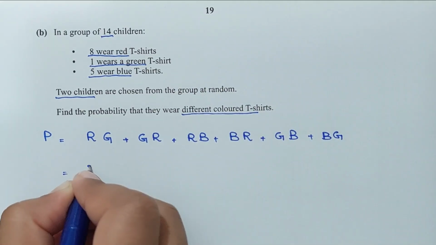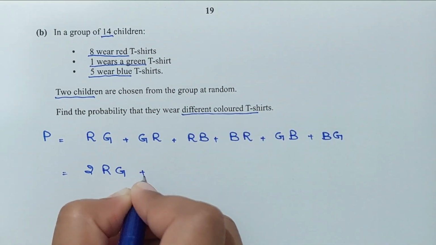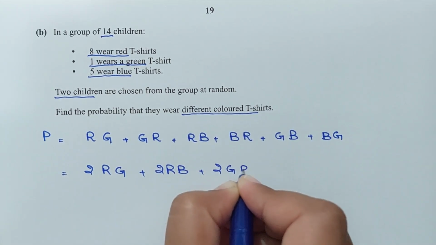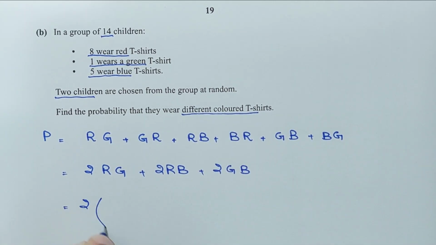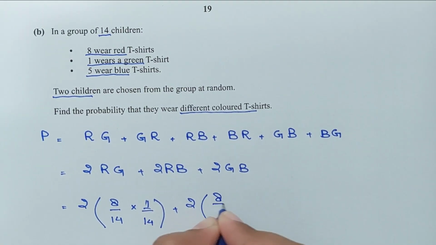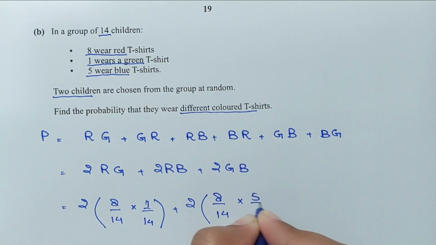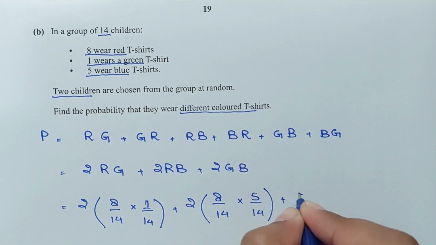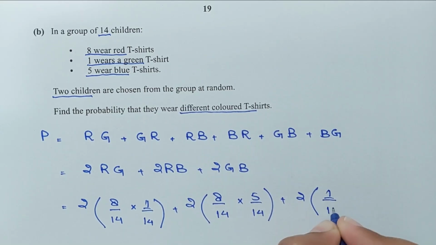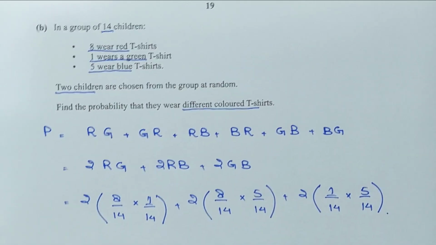So basically there are 2 times red green, plus 2 times red blue, plus 2 times green and blue. So 2 into red, 8 out of 14, times green, 1 out of 14, plus 2 into red, 8 out of 14, and blue, 5 out of 14, plus 2 into green, 1 by 14, and blue, 5 by 14. Let's simplify this.